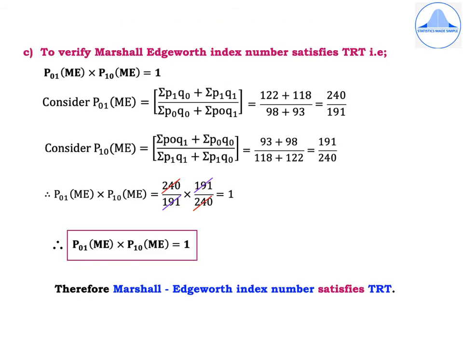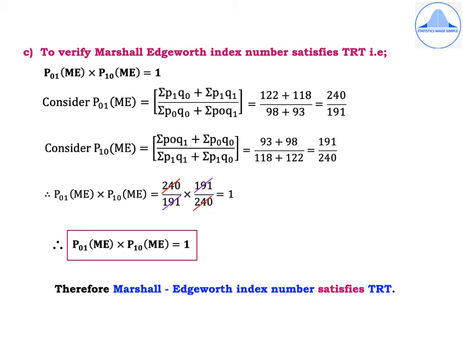Third subdivision, to verify Marshall-Edgeworth index number satisfies TRT, that is P01 of ME into P10 of ME is equal to 1. Start with, consider P01 of ME, which is summation P1 Q0 plus summation P1 Q1 divided by summation P0 Q0 plus summation P0 Q1, which is equal to 122 plus 118 divided by 98 plus 93, which gives us 240 divided by 191.